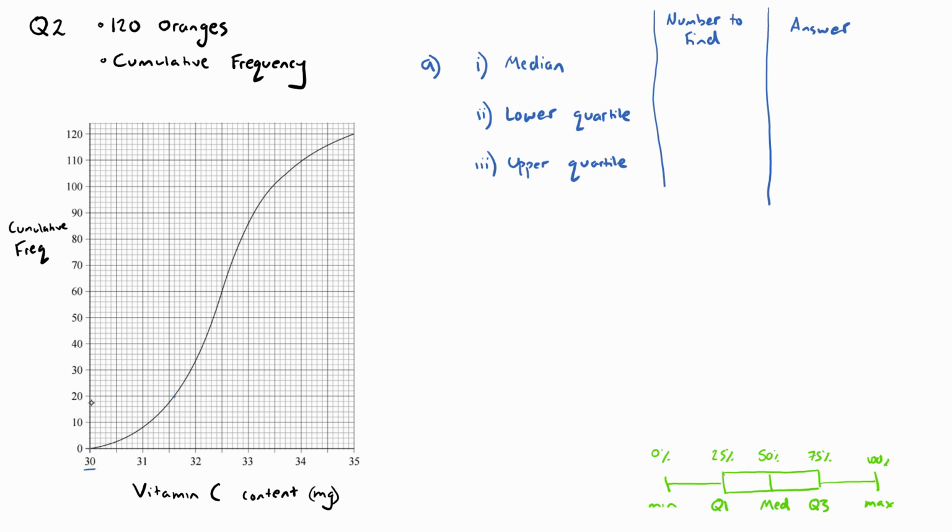And the 120th, the orange with the most, you go all the way out to the top, so we are accumulating all the way up to the orange with the most, would have 35 milligrams. That's how this cumulative frequency graph works.